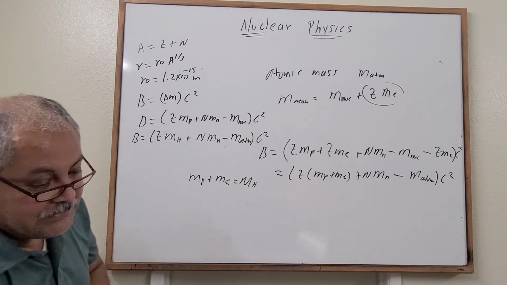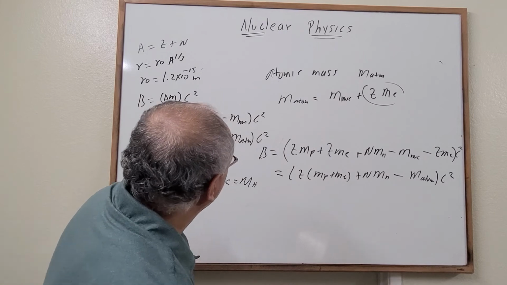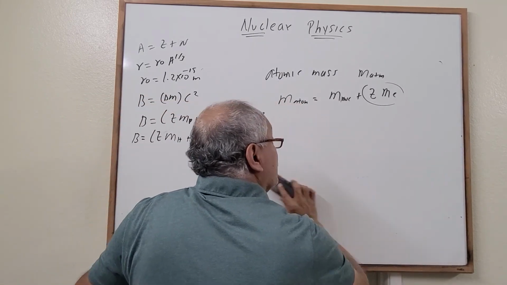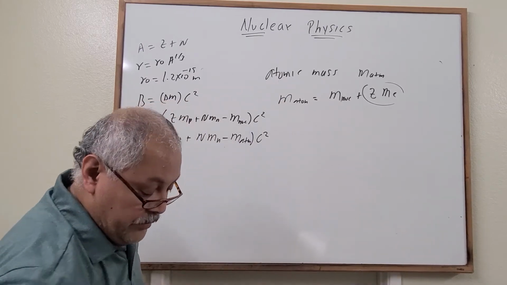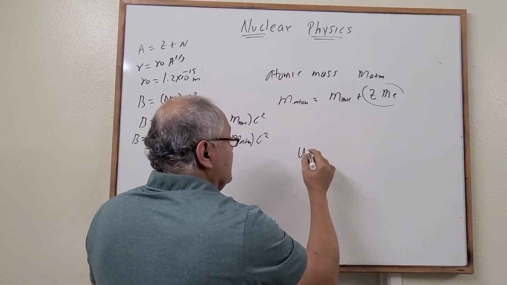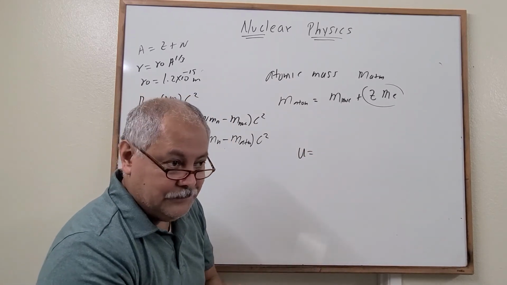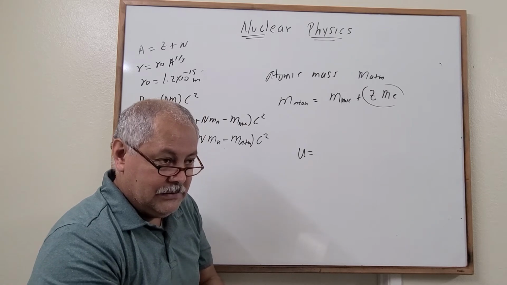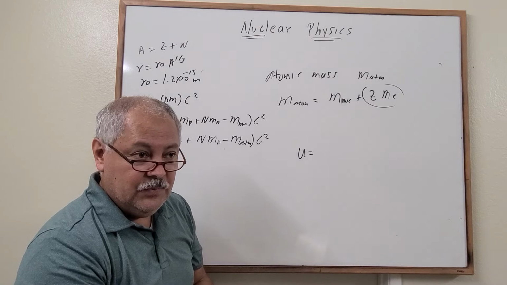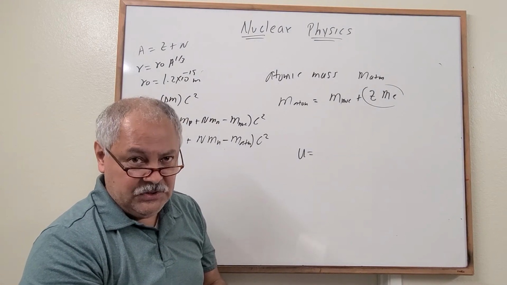Correct? Perfect. Now, it's better if we involve the atomic mass unit in this formula. Remember, how do we define the atomic mass unit? Using the definition again, we take the isotope carbon-12 to be exactly 12 atomic mass units.